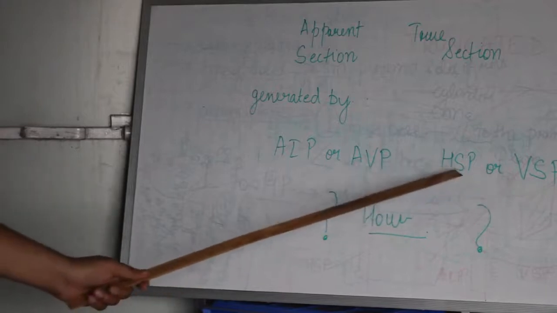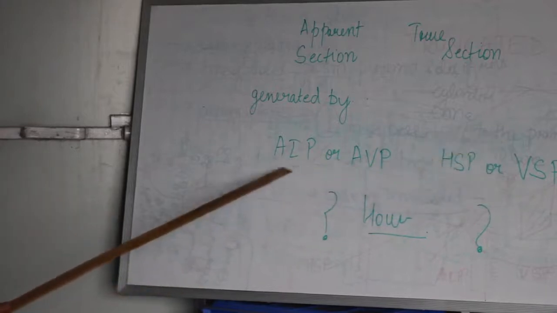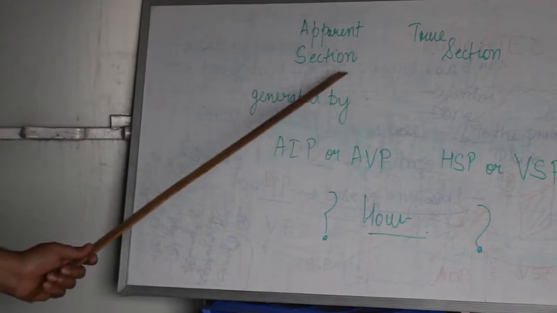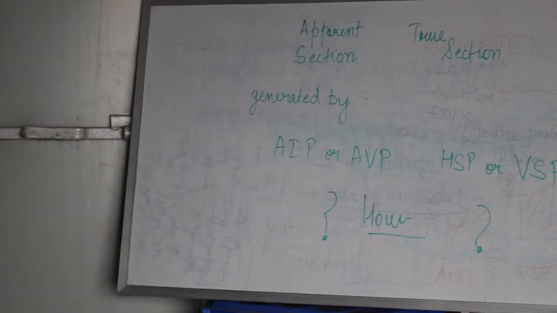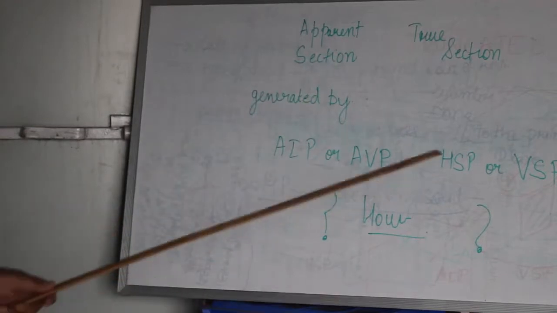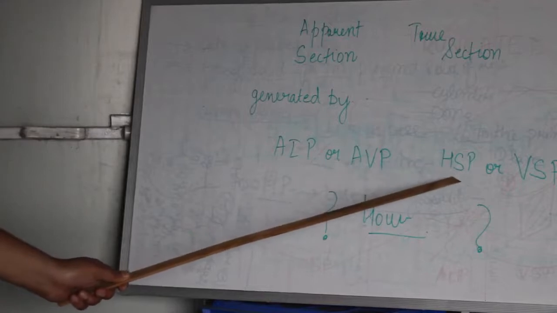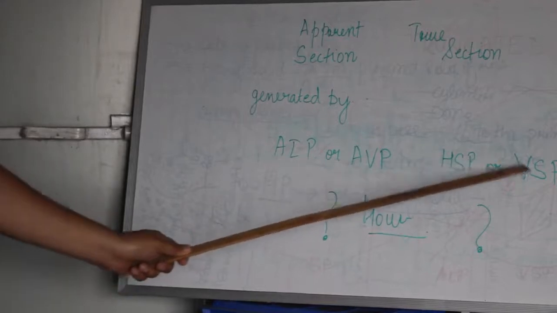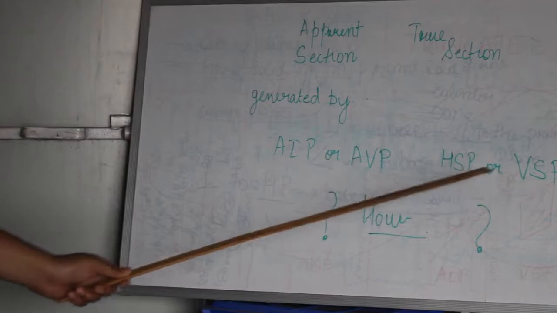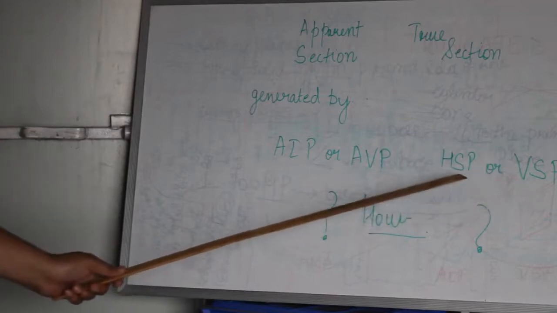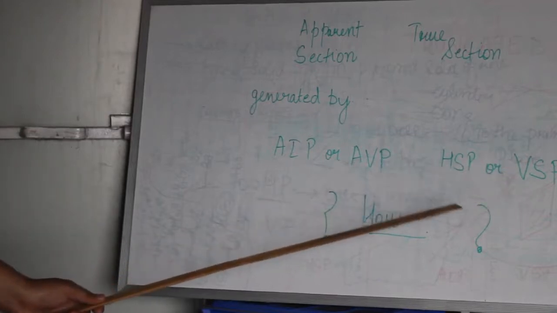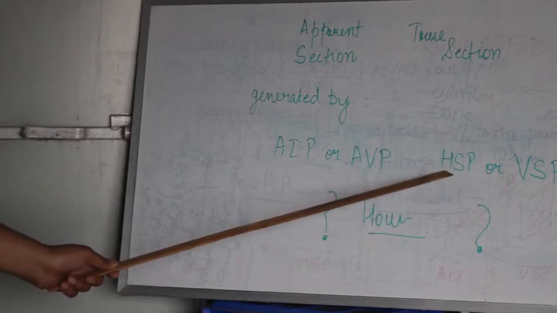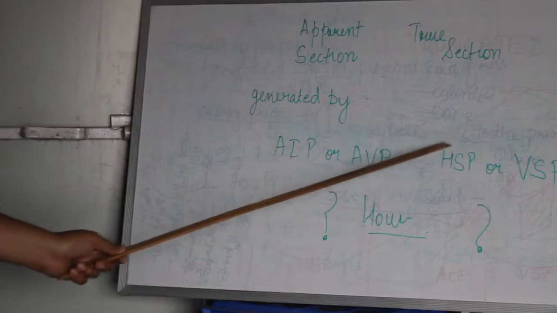So which cutting plane is responsible to create what type of section? You need to understand this. If you are using a cutting plane which is HSP or a VSP, now these two cutting planes, what do they have in common? The surface of the cutting plane is parallel to HP if it is an HSP.